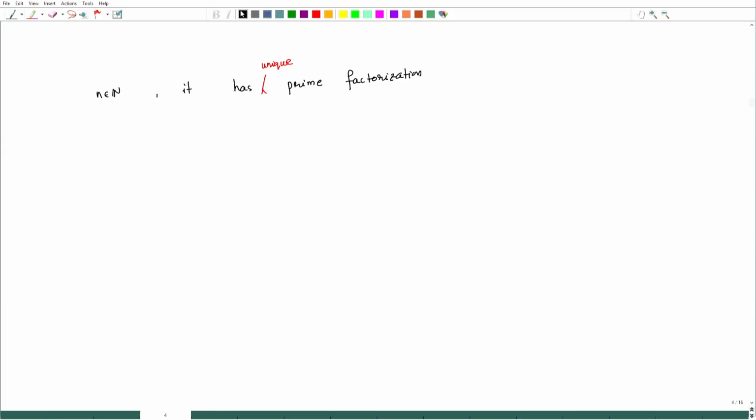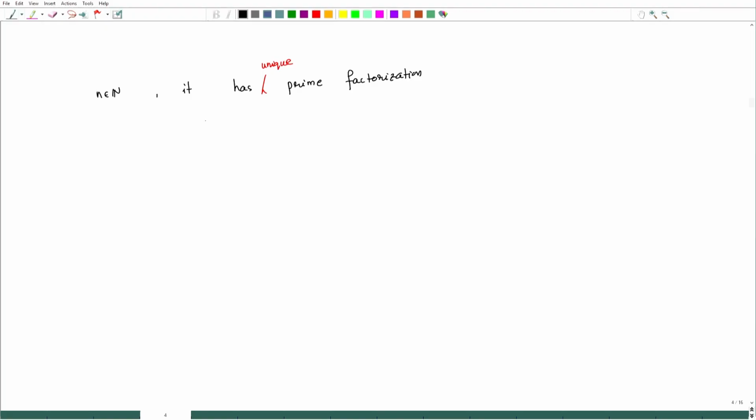Just a quick recall: suppose this is not true, then we must arrive at a contradiction. You take the set S, which is the set of all n belonging to N such that n does not have a prime factorization. Suppose S is non-empty.